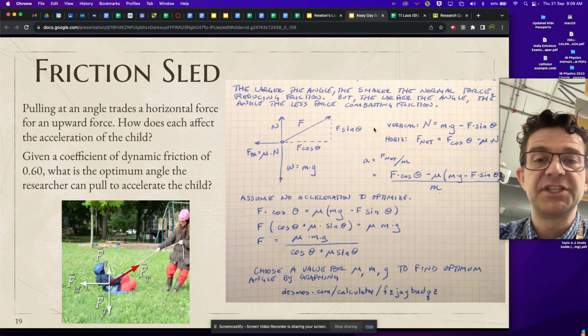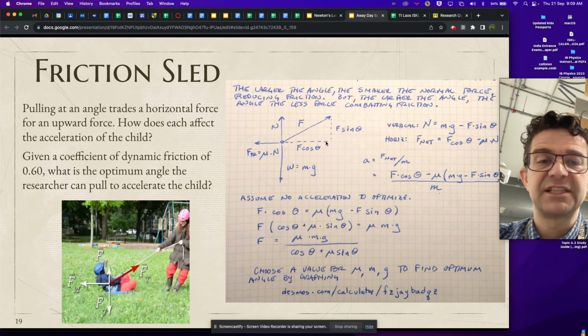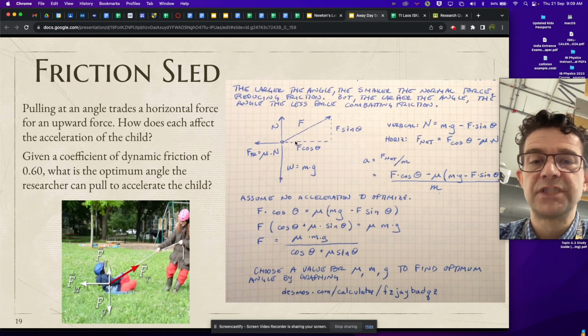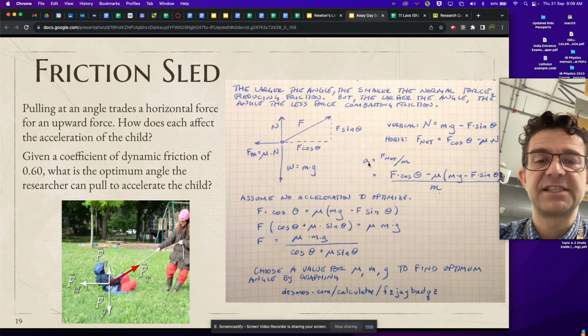But we're still going to know that vertically we have a static situation: normal force plus the applied force times the sine of theta must balance the force of gravity. And horizontally, F cosine theta is going to be equal to mu times the normal force. We can then come up with a complicated expression for the acceleration.